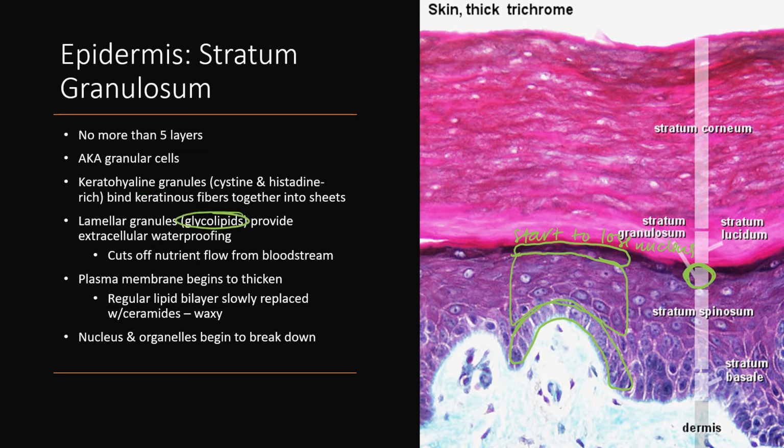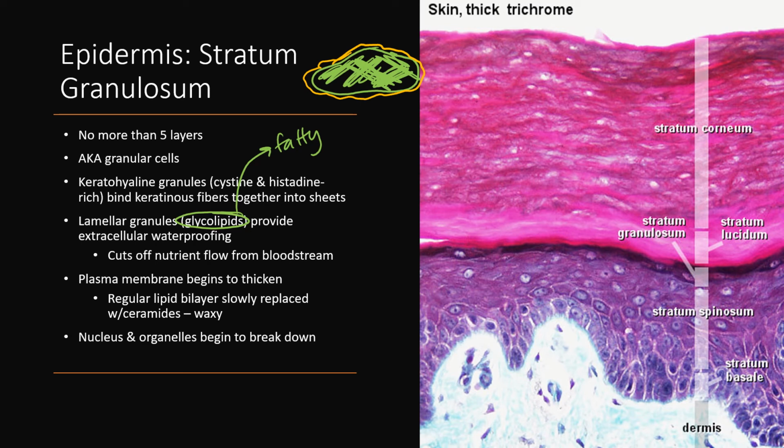This should tell you that they have a sugary compound as well as fatty. They also have a waxy kind of consistency, and they provide extracellular waterproofing. So on the inside of your keratinocyte, you're starting to make these sheets of keratin. Those strings are getting thicker and bigger, and it's secreting waxy stuff on the outside.